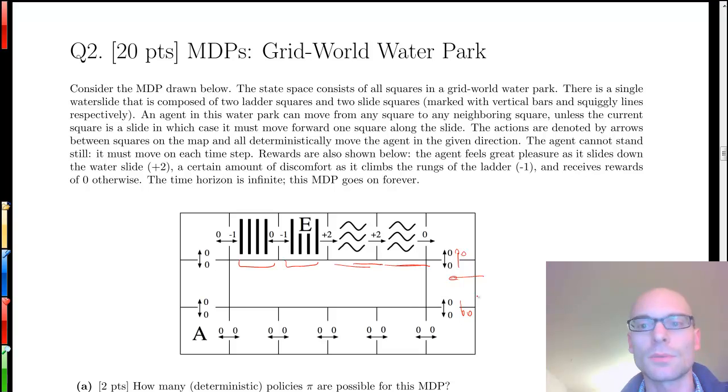The agent feels great pleasure as it slides down the water slide, +2, over here and over here. A certain amount of discomfort as it climbs the rungs of the ladder, that's -1 here and a -1 here, and receives rewards of 0 otherwise. The time horizon is infinite. This MDP goes on forever.